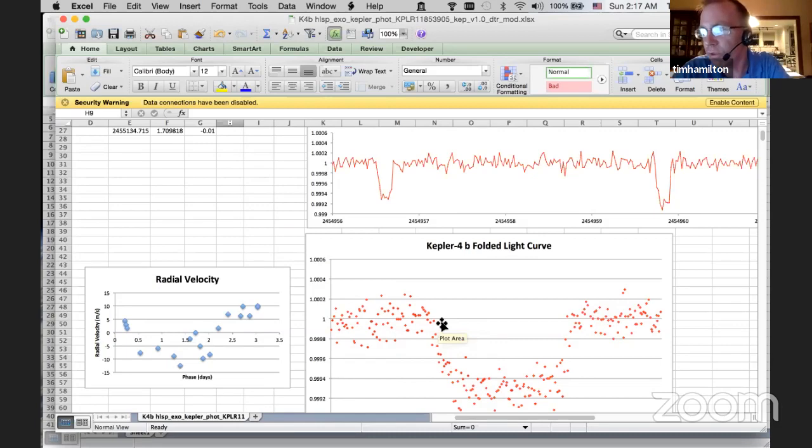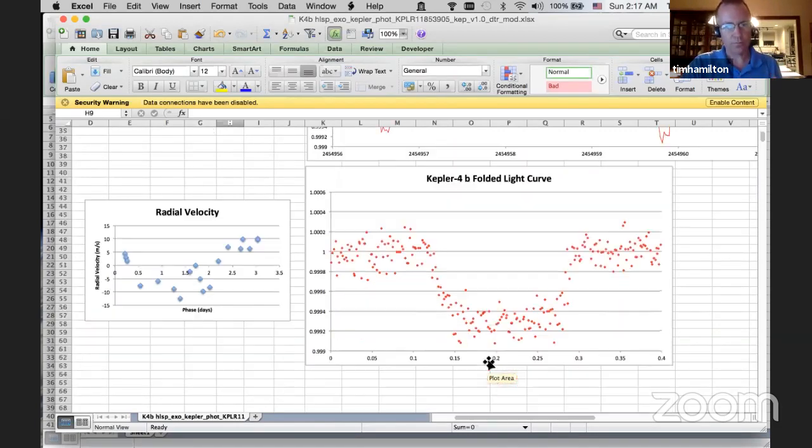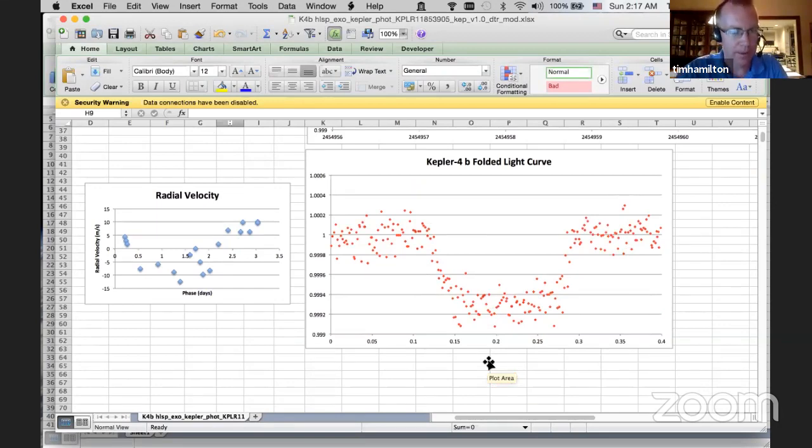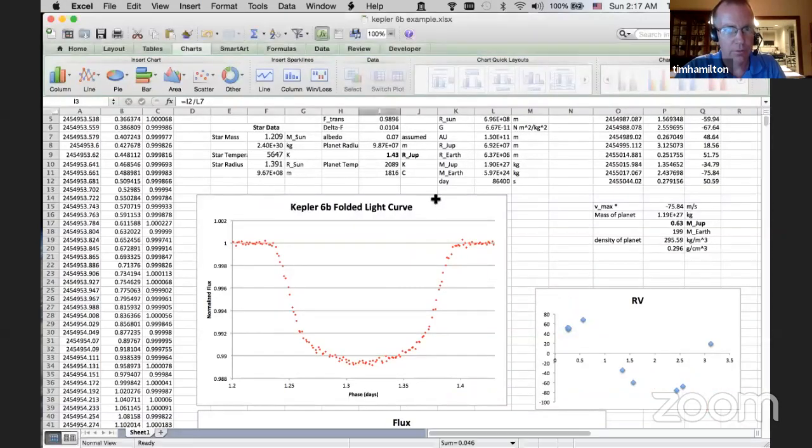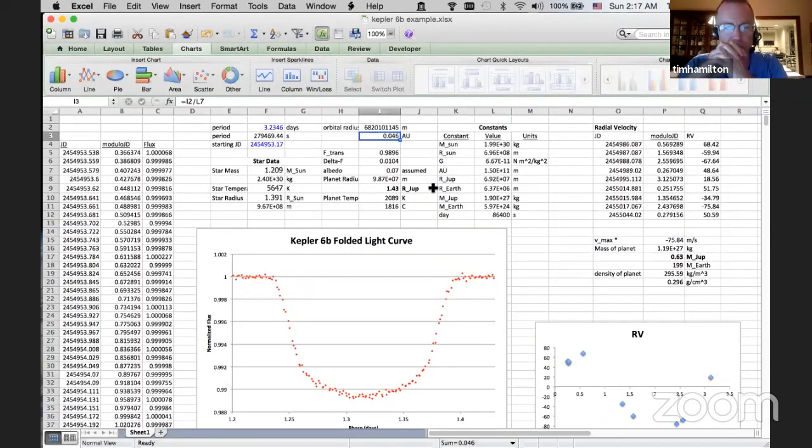Is it a trustworthy measurement? In this case, you would want to use propagation of error. And so all of the calculations that we have done, the key point on this is going to be the flux at the very bottom of the transit, in the center of the transit.